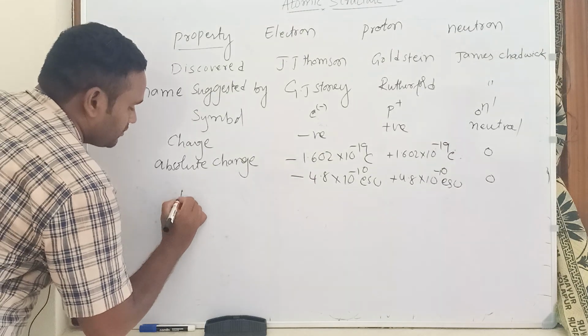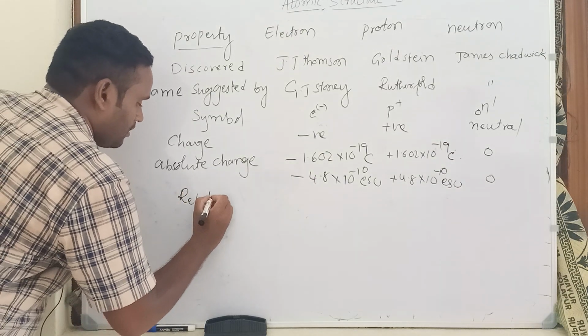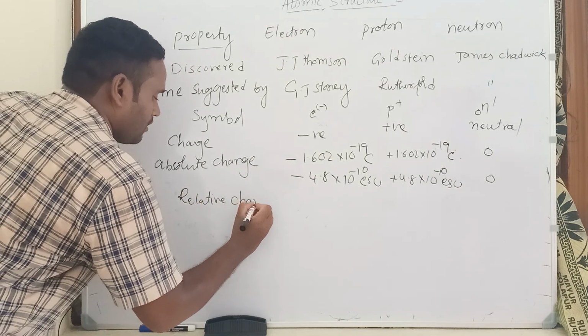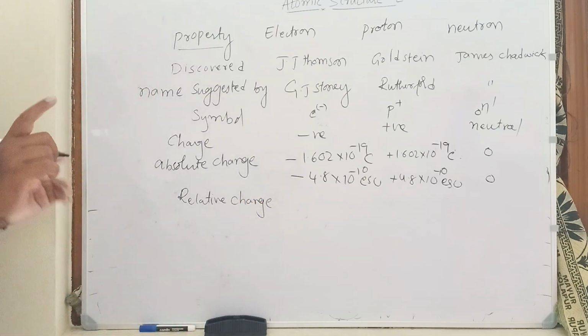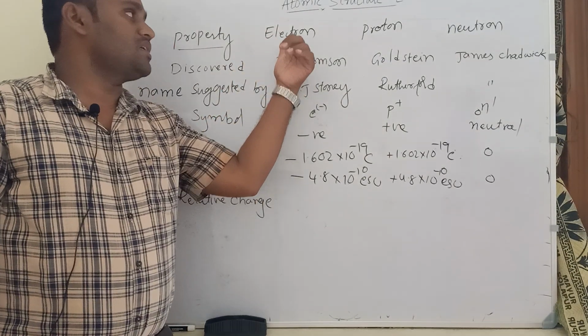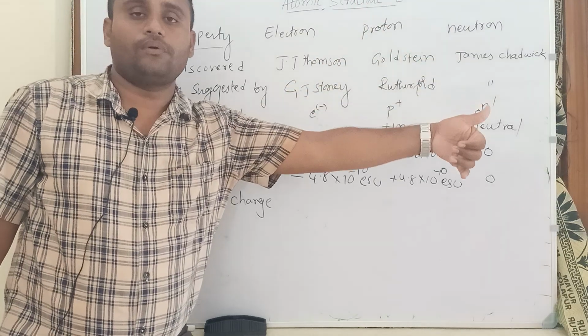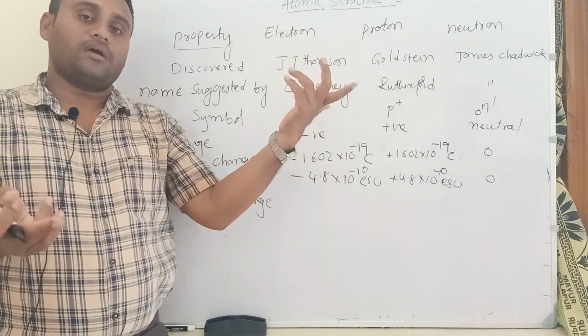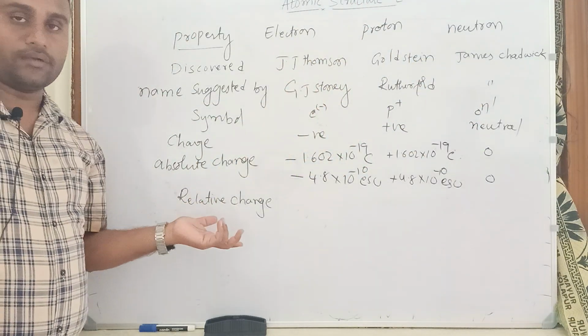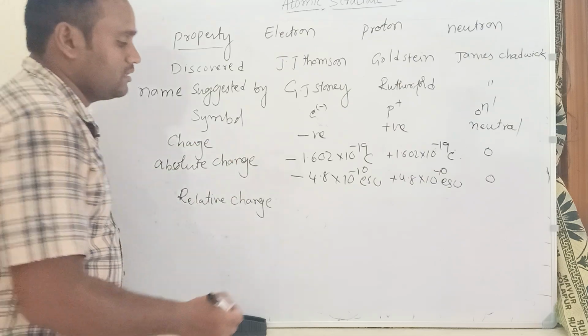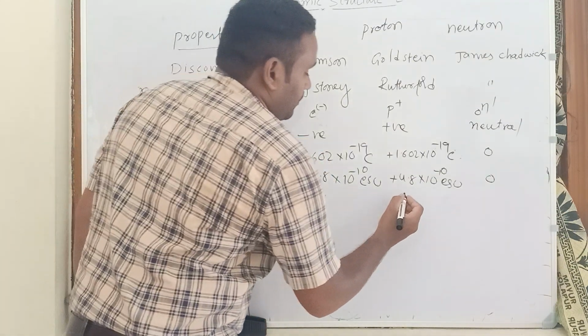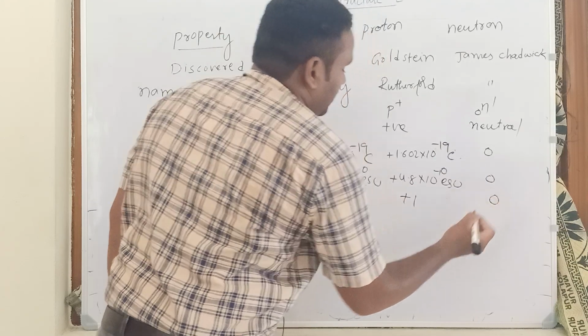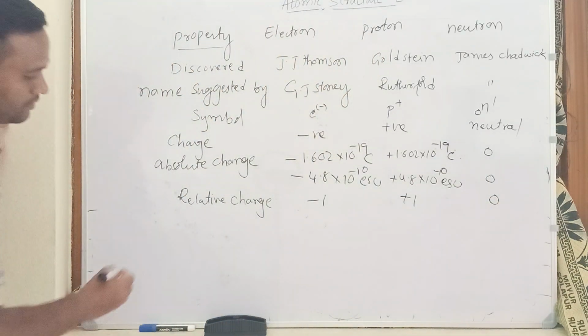Next, coming to the relative charge. Relative charge means comparison. When you compare the charge of the electron, the proton, and the neutron, that is a comparison, and comparison is nothing but relative. So the relative charge of the electron is -1, proton +1, neutron 0. Next, mass.